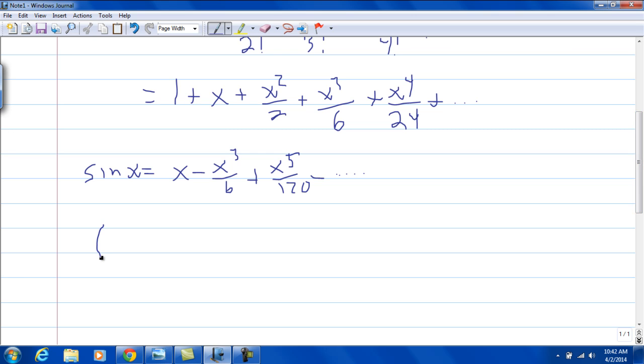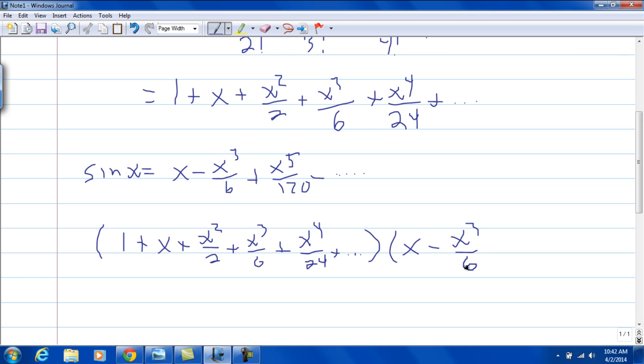We have 1 plus x squared over 2 plus x cubed over 6 plus x to the 4th over 24 plus, and that's the part for e to the x. And the sine part, x minus x cubed over 6 plus x to the 5th over 120 minus, and we could go more terms, but we're just looking for the first 4 terms.